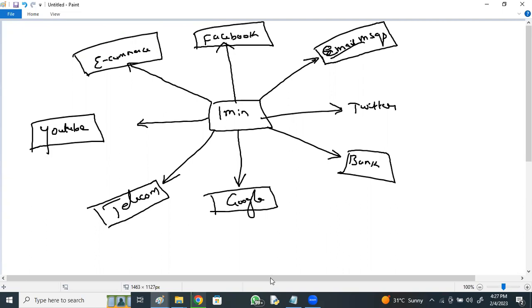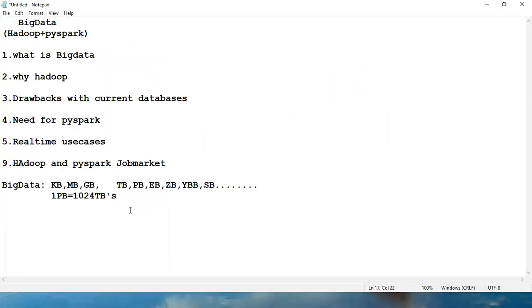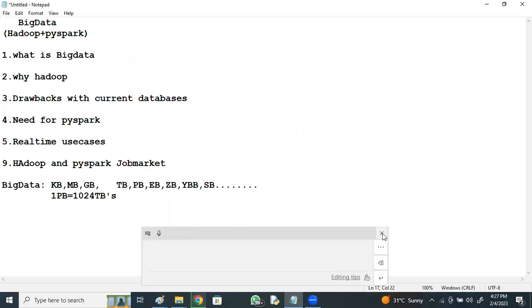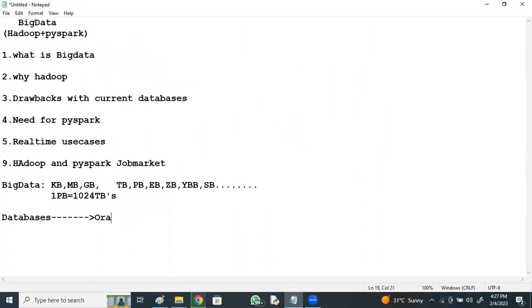As of now, we have some databases for storing this data, like Oracle, MySQL, DB2, and SQL Server. These are used for OLTP, online transactional processing.